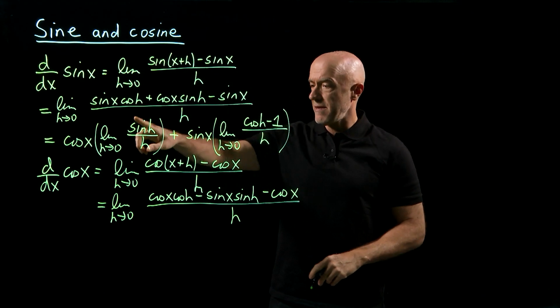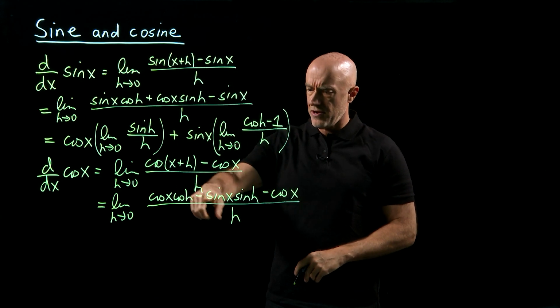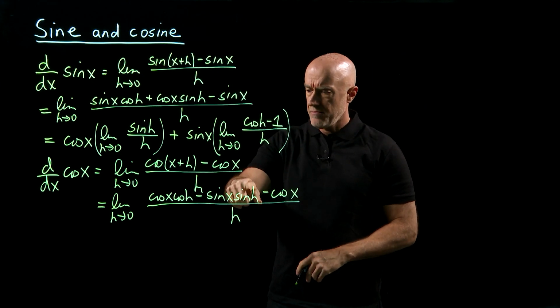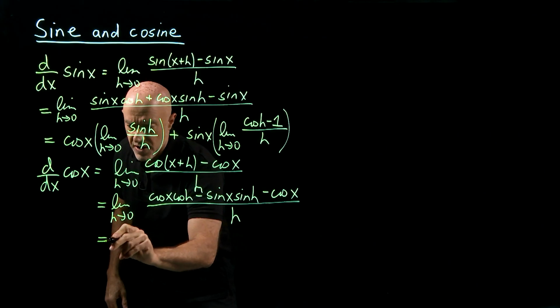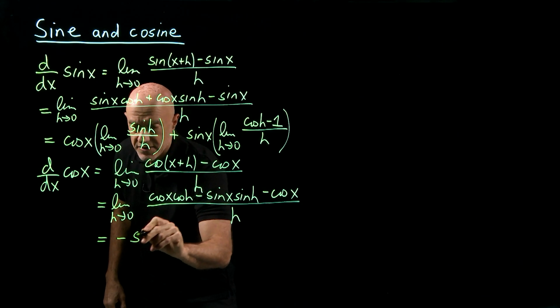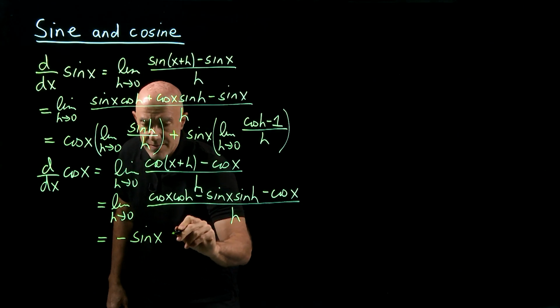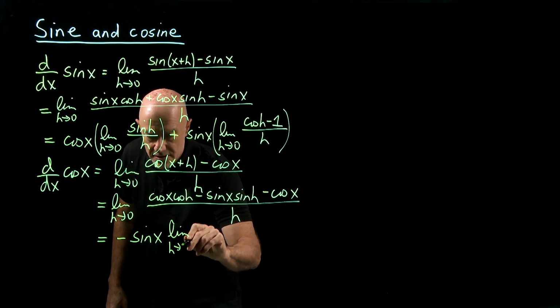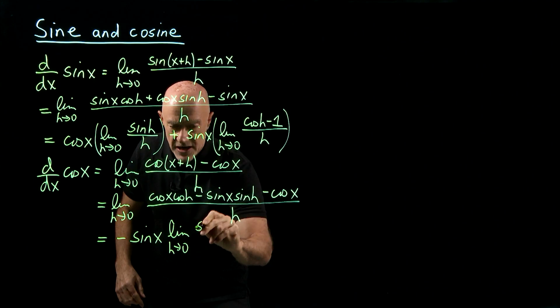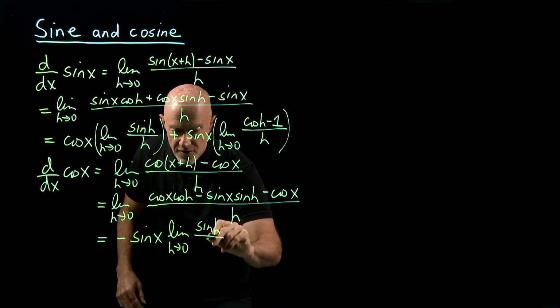And if we do the same thing, we can see another sine h over h, but that one is now multiplied by minus sine x, so we can write that as negative sine x times the limit as h goes to 0 of sine h over h.